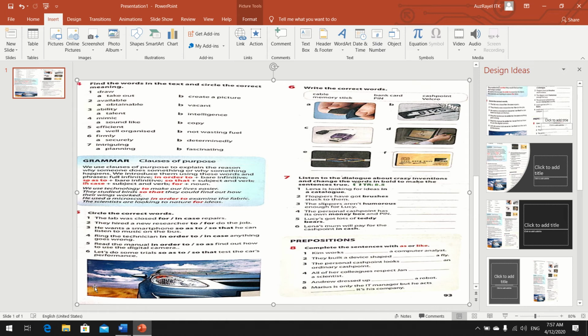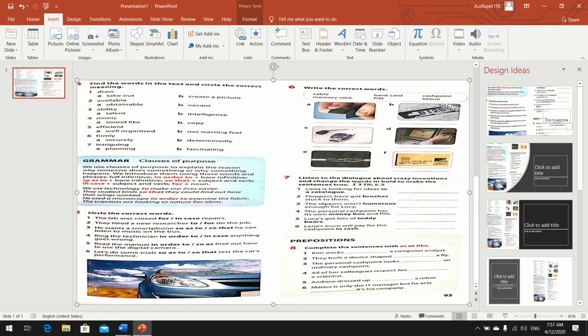6. Firmly. A. Securely. B. Determinedly. The answer is B. Determinedly. 7. Intriguing. A. Planning. B. Fascinating. The answer is B. Fascinating.